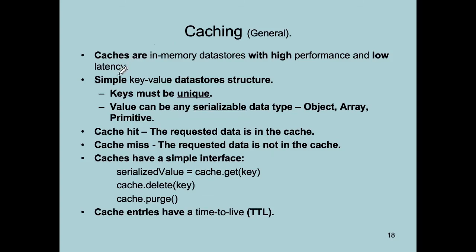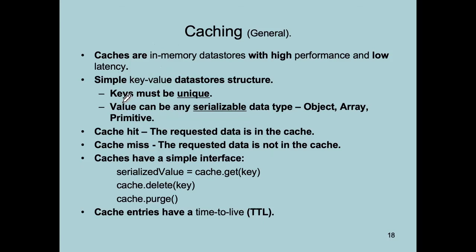From a structural point of view, all a cache is, is a key value data store. So it's kind of a map structure, if you like. The keys must be unique. That makes sense. The values can be of any type. They can be primitives, arrays, or objects.